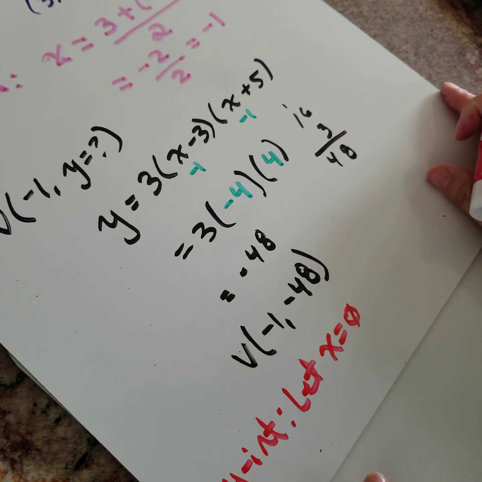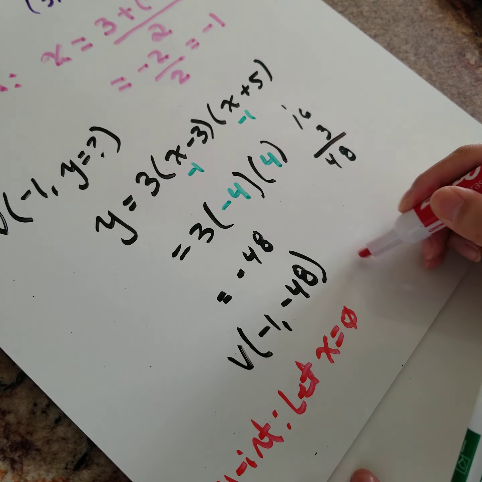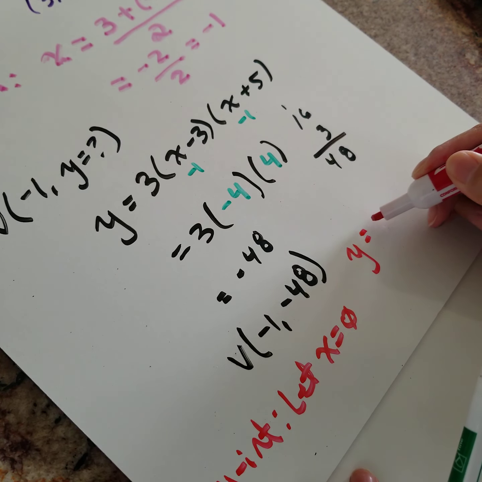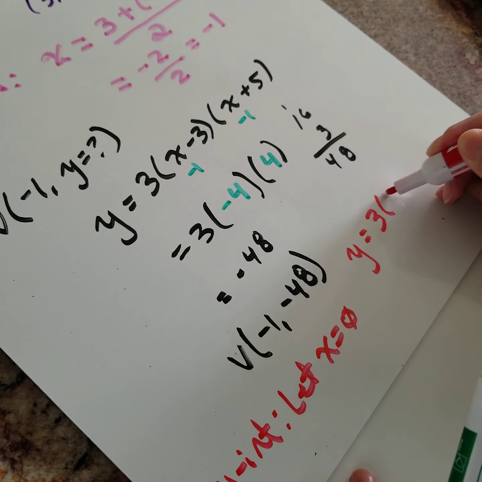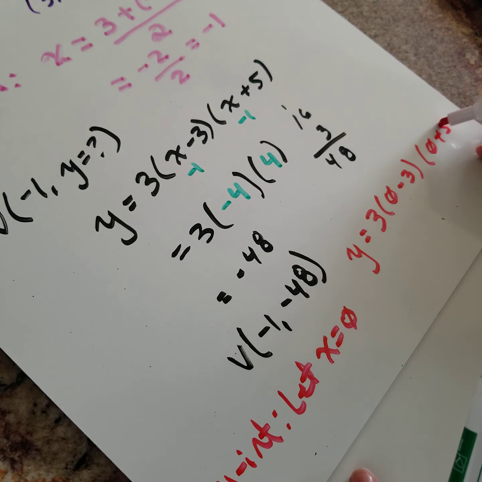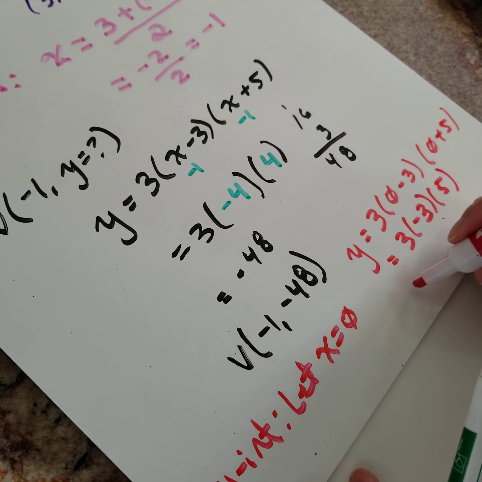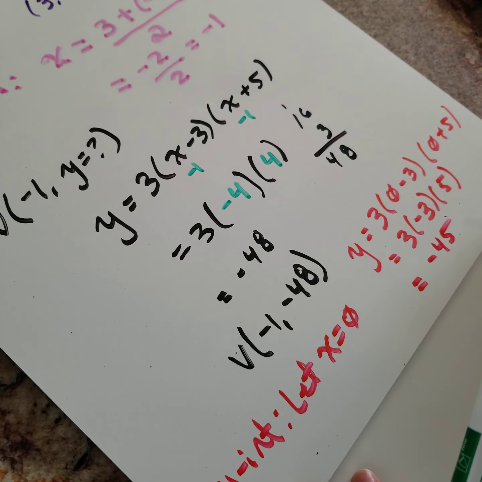So my expression, I'm going to have y is equal to 3, and I have 0 minus 3, and then I have 0 plus 5. So this is going to give me 3 times negative 3 times positive 5. This is going to give me negative 45 for the y-intercept.